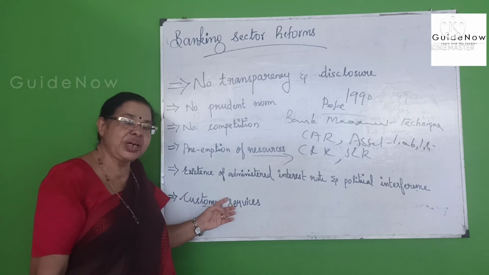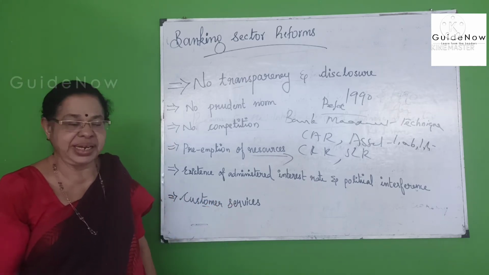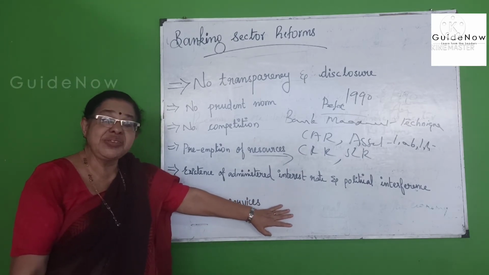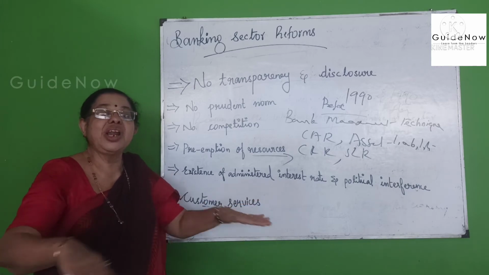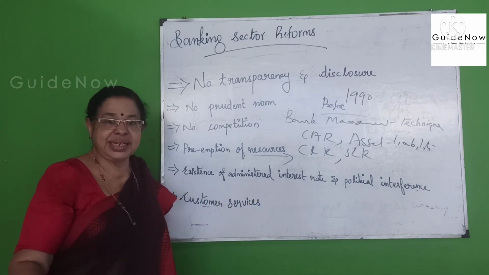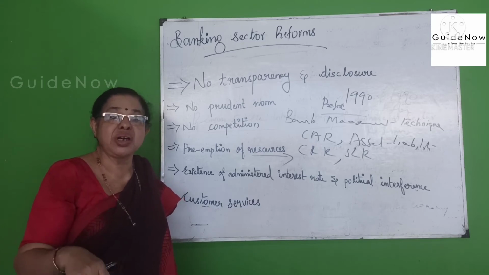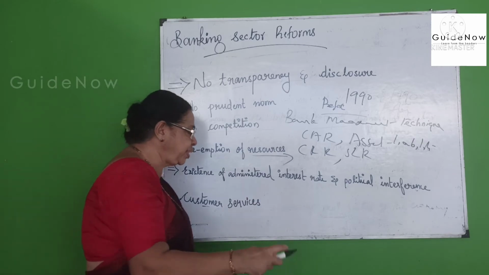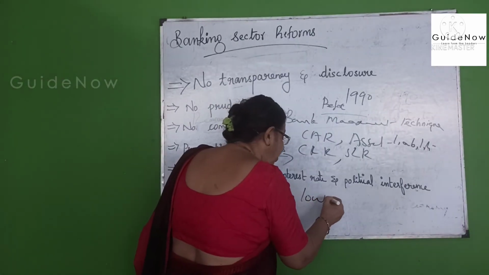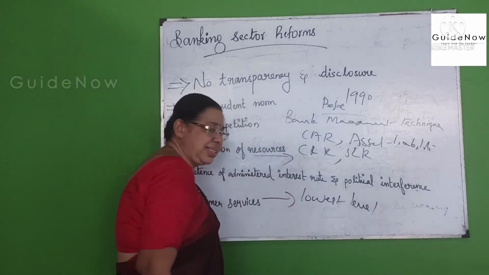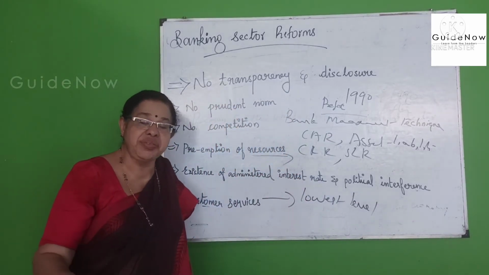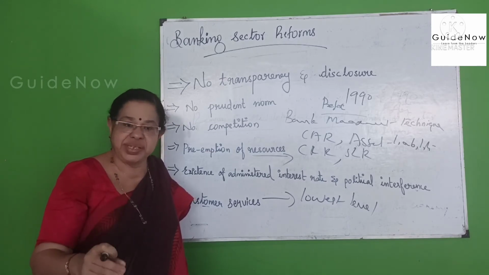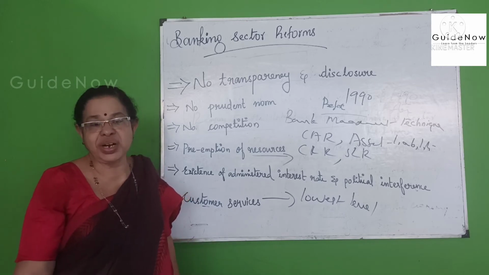So that is another important difficulty faced before 1991. And lastly, customer services. Customer services of public sector banks are at the lowest level. The government does not consider the preferences or interests of customers or individuals, so it does not satisfy the preferences of the individual.